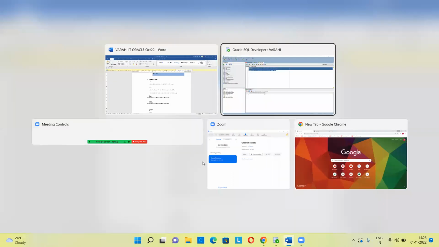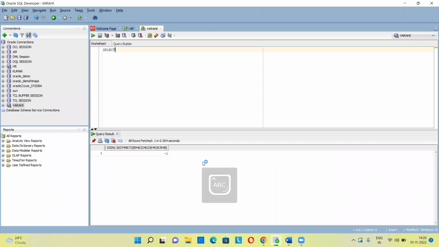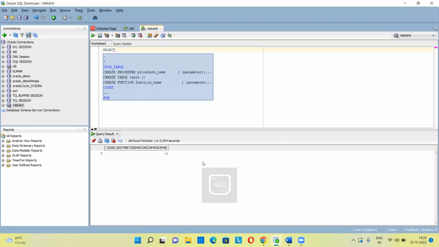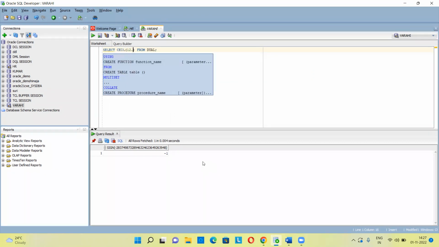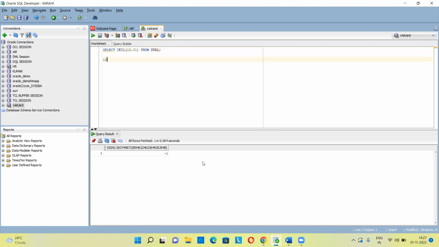Let's see one example. I'm writing select ceil of 12.01, which is the input I'm passing.